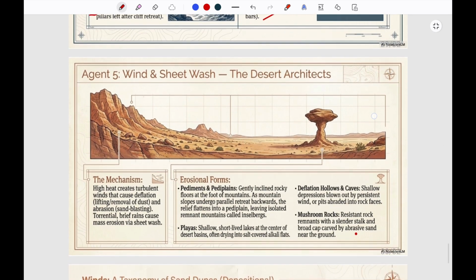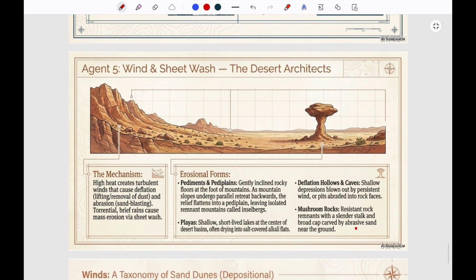Now moving on to the last one, which is wind. These are also known as aeolian landforms. So starting with the erosional features, first one being the peneplains. These are low-lying structures. One being inselberg, they are small rounded hills present in the desert areas.